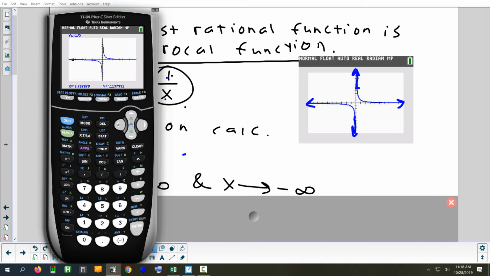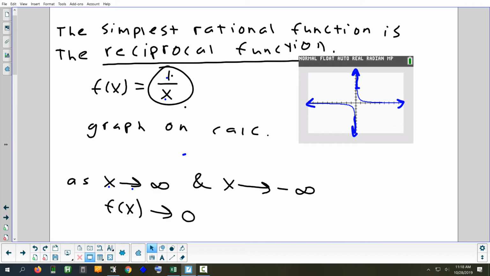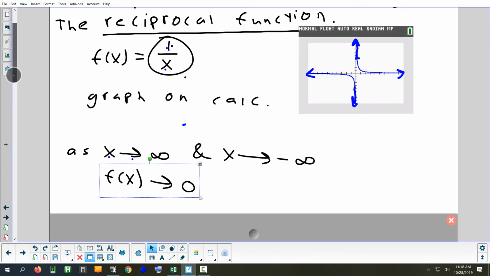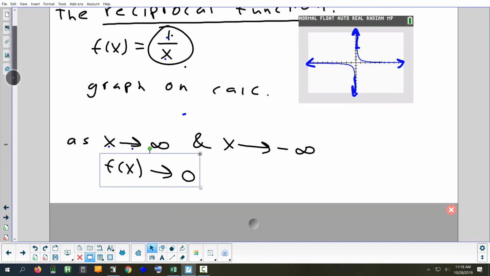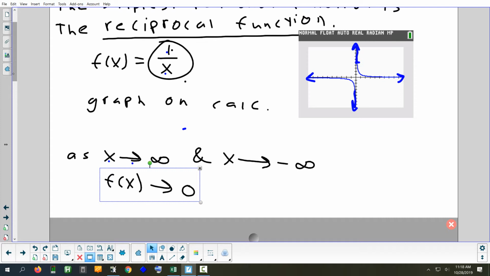It's just one of them is approaching 0 from the negatives coming up. The other one is approaching 0 from the positives down. But either way, as x approaches infinity or negative infinity, your y value, remember that's what f of x means, your y value is approaching 0. Any question on that?